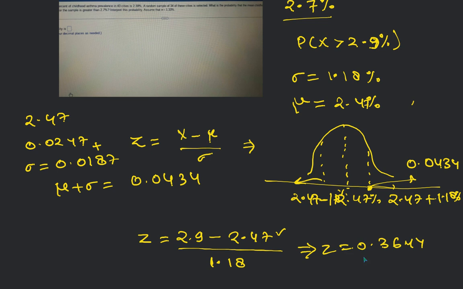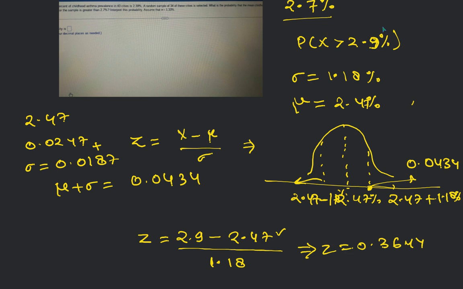0.3644. Let me go to the Z table, the normal distribution table. Do you have the Z table? Yes, I do.